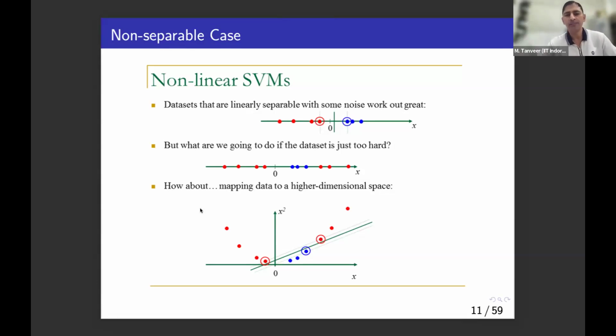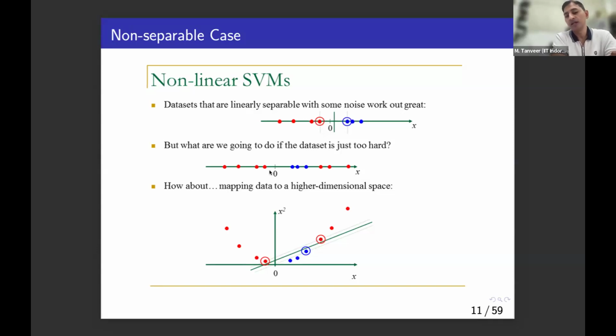But what happens if we have this kind of data? In the second example, we can see that this data cannot be classified linearly on a real line, in one dimension. So how do we do that?